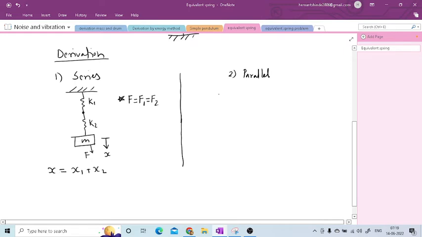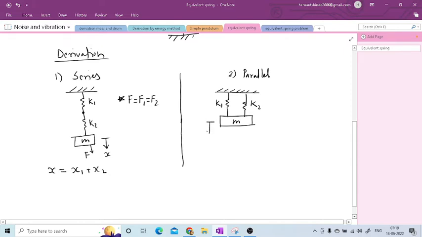Similarly, I can write for parallel combination. In parallel combination, I will have to take the two springs in parallel. You can take n number of springs, but for study purpose I have taken only two springs. Consider the stiffness of the first spring is K1 and the second spring is K2. Means this mass is attached to two springs.